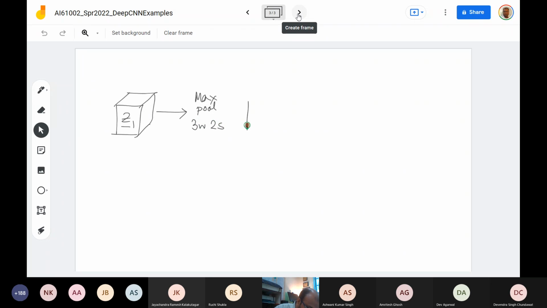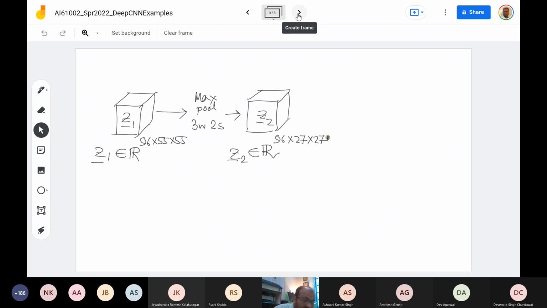As a result I will get another intermediate tensor, which I call Z2. Now if Z1 is 96 cross 55 cross 55, can somebody tell me what Z2 will be? 96 cross 27 cross 27. Okay, good.